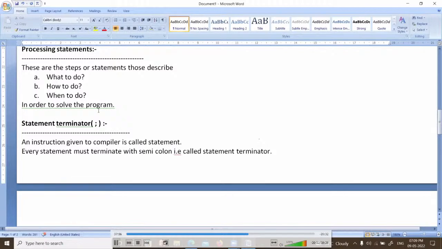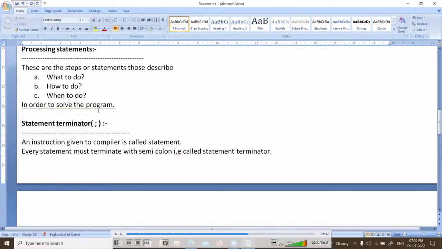Block means a group of statements. Or a user defined reference, which means if, switch, while, for. You can go through all these concepts in future. So it is used to indicate the beginning of a function, a block, or a user defined reference.